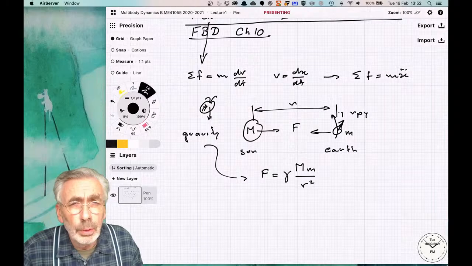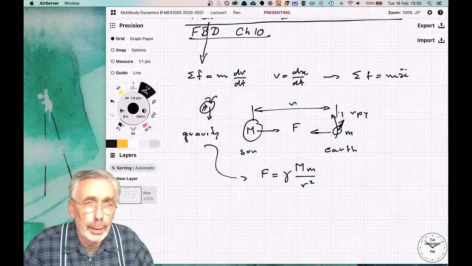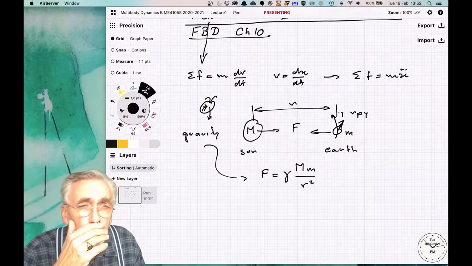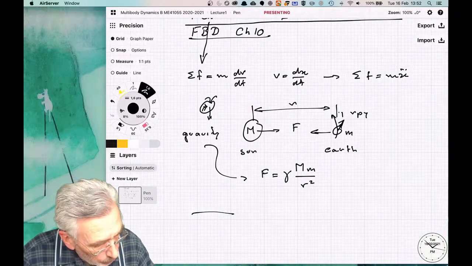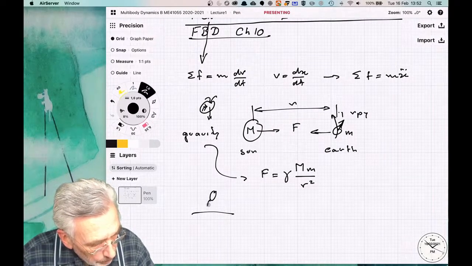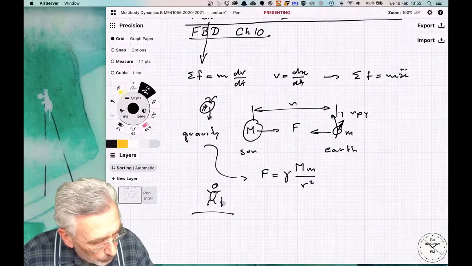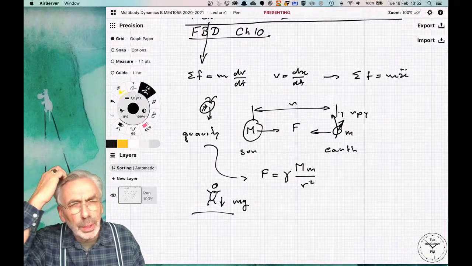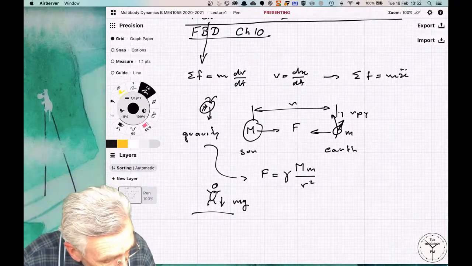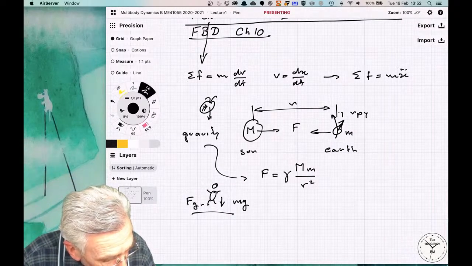Now, of course, we don't know this law as posted right there, but we know it in a slightly different form on Earth. When we Earthlings think about gravity, we say gravity is mass times gravitational acceleration. That's actually a force, F gravity.